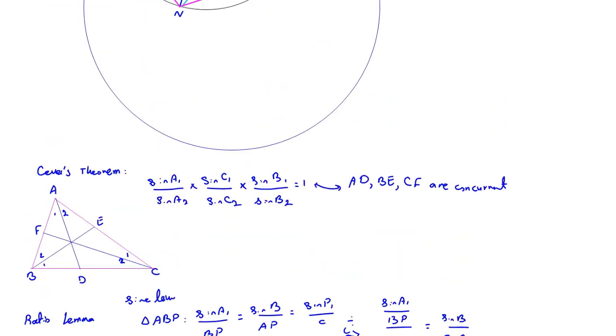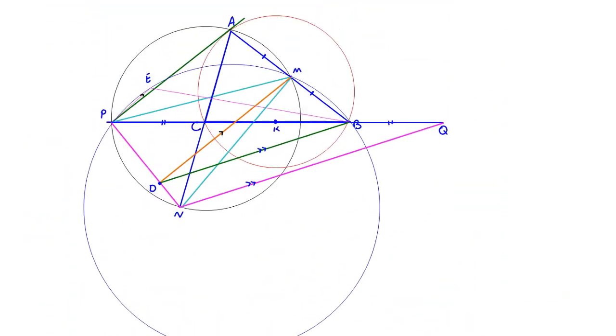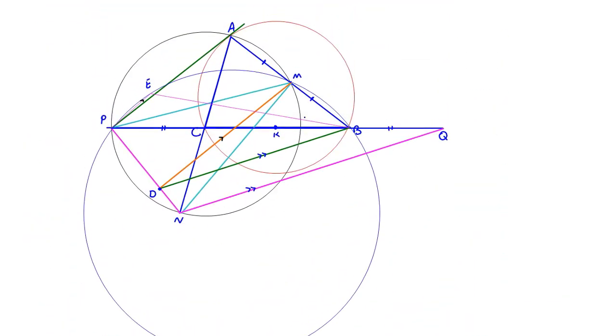Now let's analyze the problem. We want to prove that the three lines, BE, this one and this one, are concurrent. Let me show you the lines that we are working on: this line and this line.